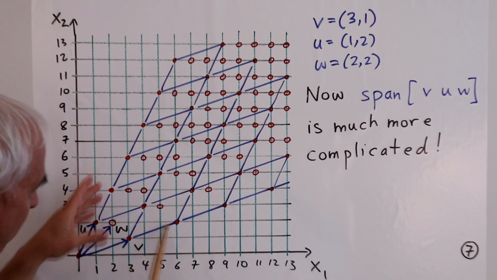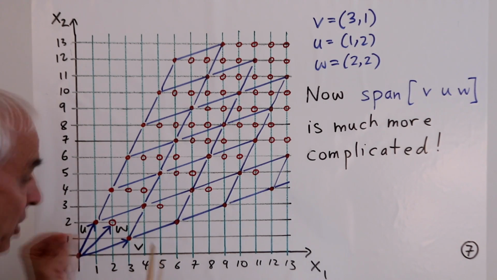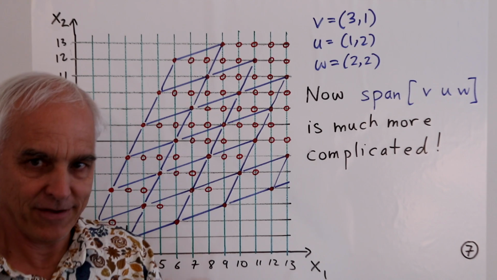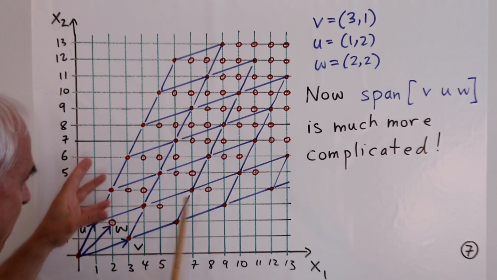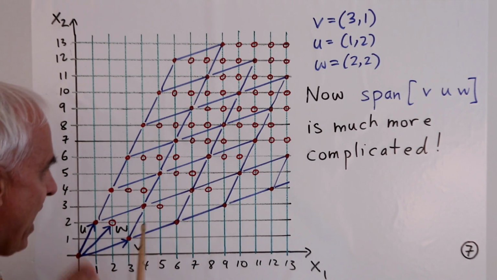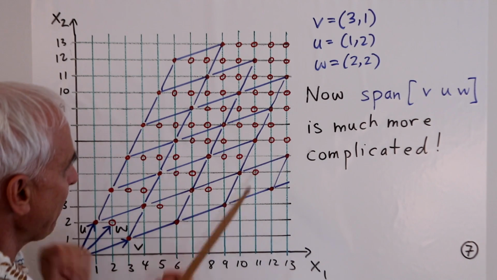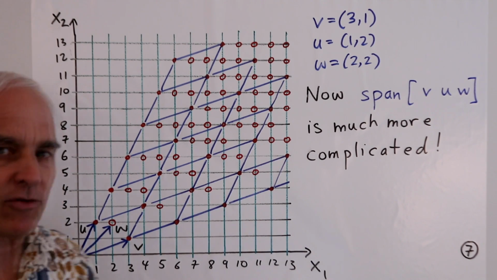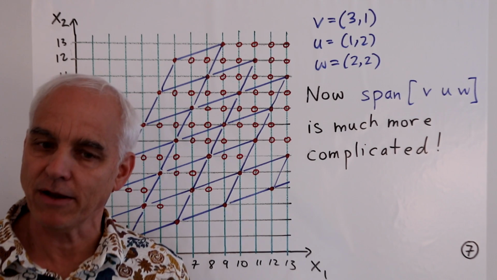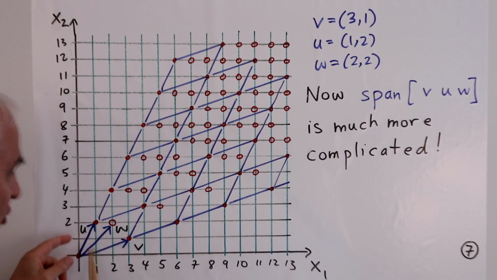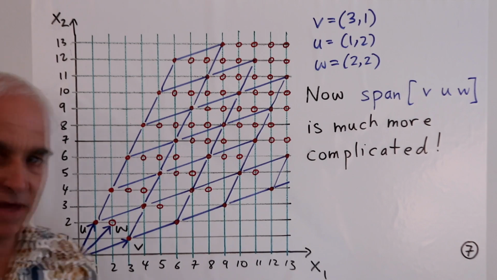But down here, when we're starting out, we're not getting every such vector. We're only getting some of them, and it's a little bit haphazard. So describing something like this precisely, it's not impossible, but it's certainly much more complicated than it was when we just had two vectors, U and V.